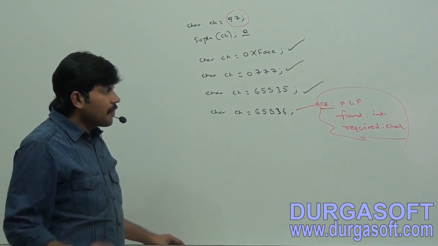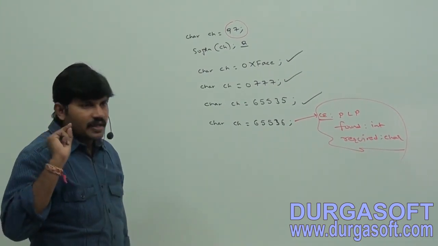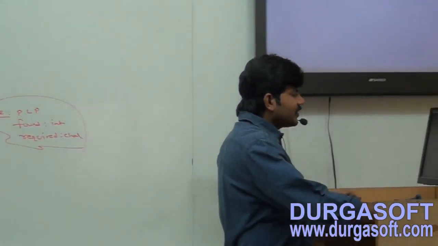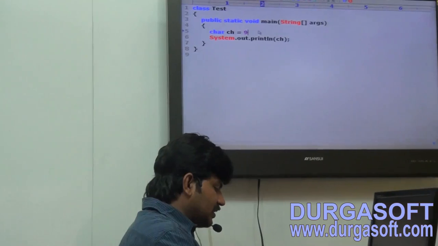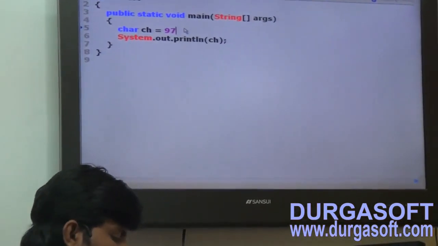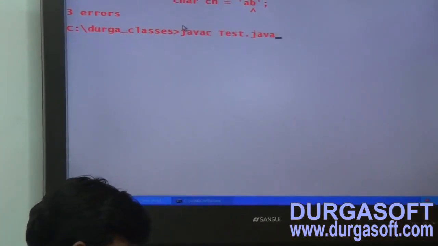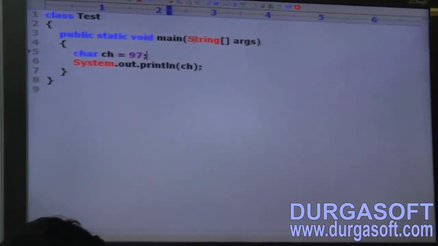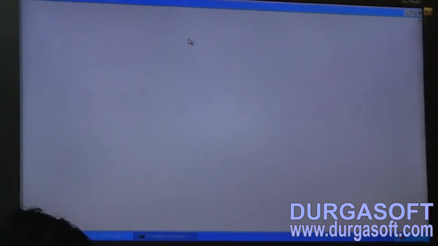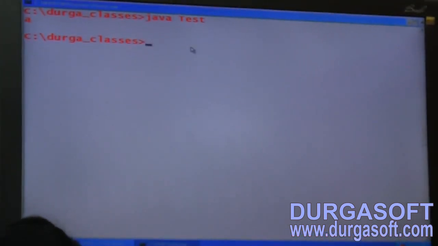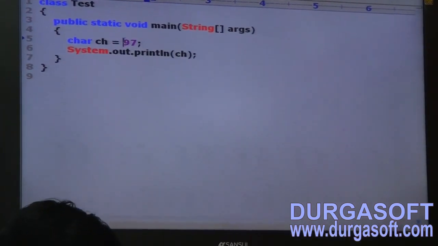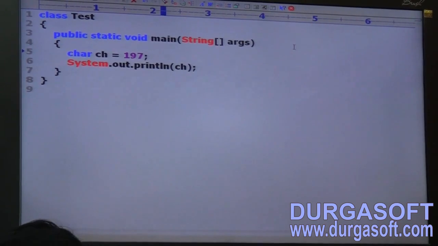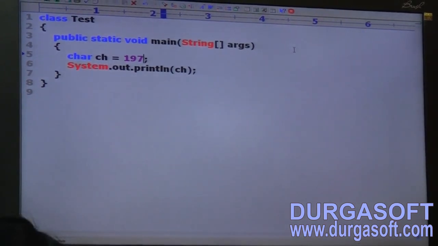Next, one small twist I have to explain for you people. char ch = 97, System.out.println(ch). Valid, no problem. What is the answer? 'a'. Char ch = 197, printing ch. Valid or not? Valid.